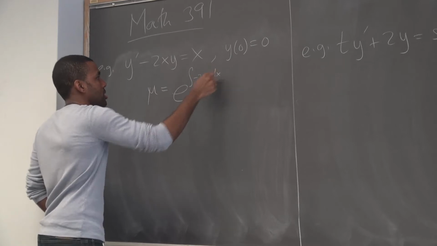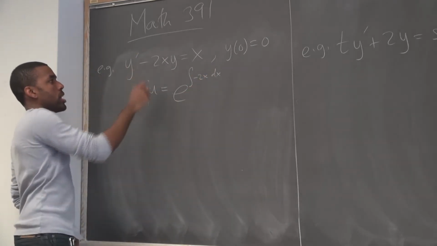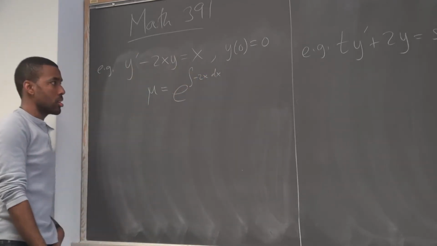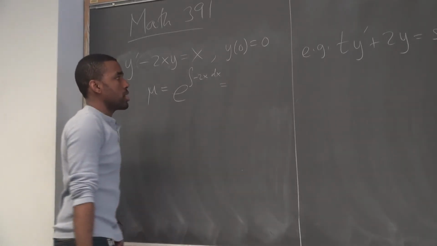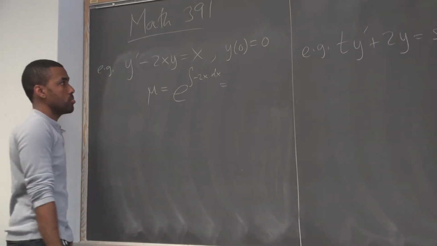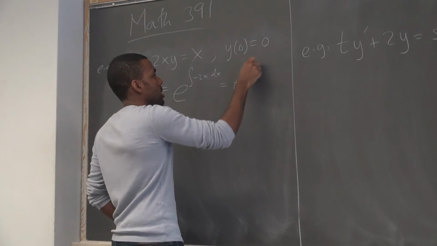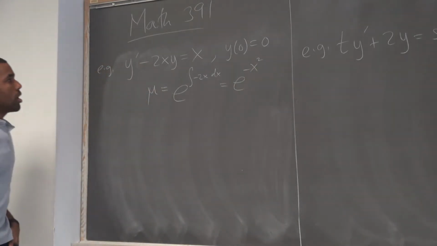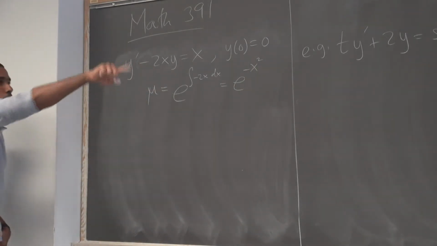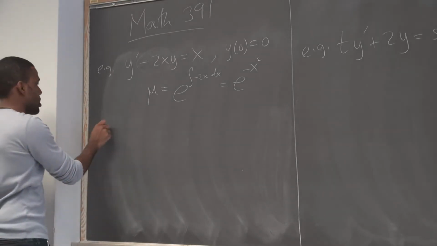Whatever is in front of the y, it's e to the integral of that thing. This is just e to the minus x squared. And so now I'm going to multiply this guy through by e to the minus x squared.